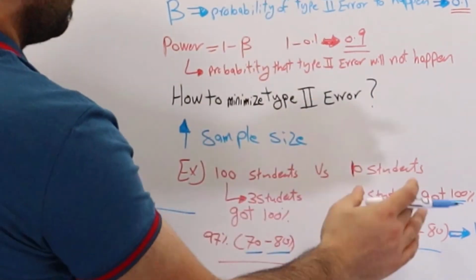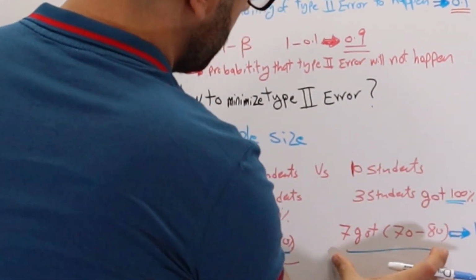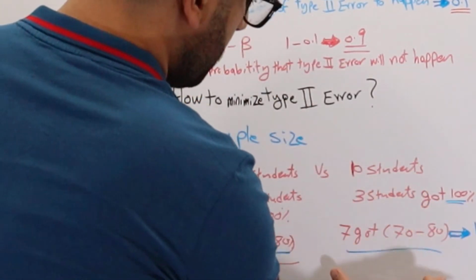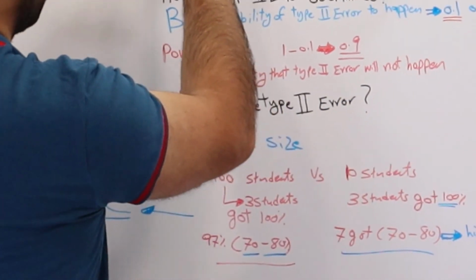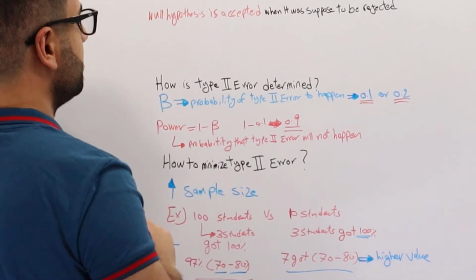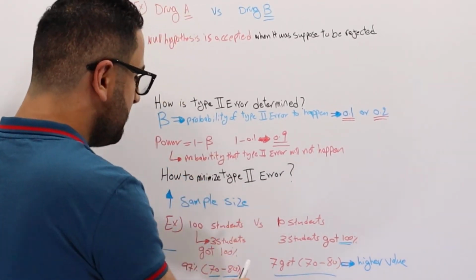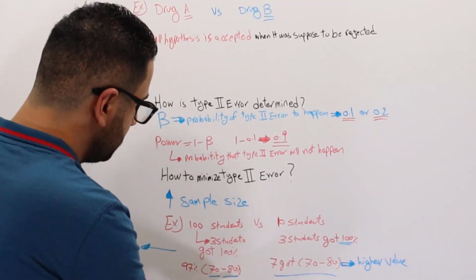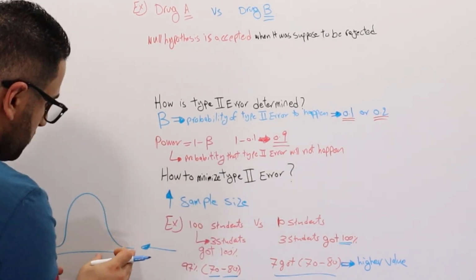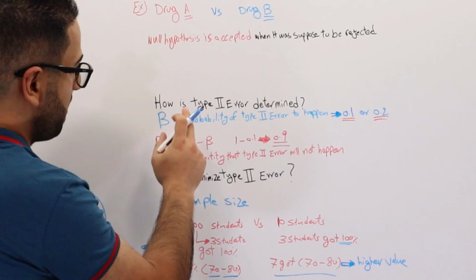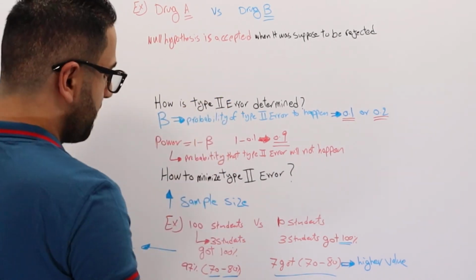And that's why it's going to be hard when we have a small sample to determine that our medication, which is drug A in this case, is better than the one that already exists in the market. So by increasing the sample size, we can move more towards the normal distribution curve, therefore decreasing type 2 error.